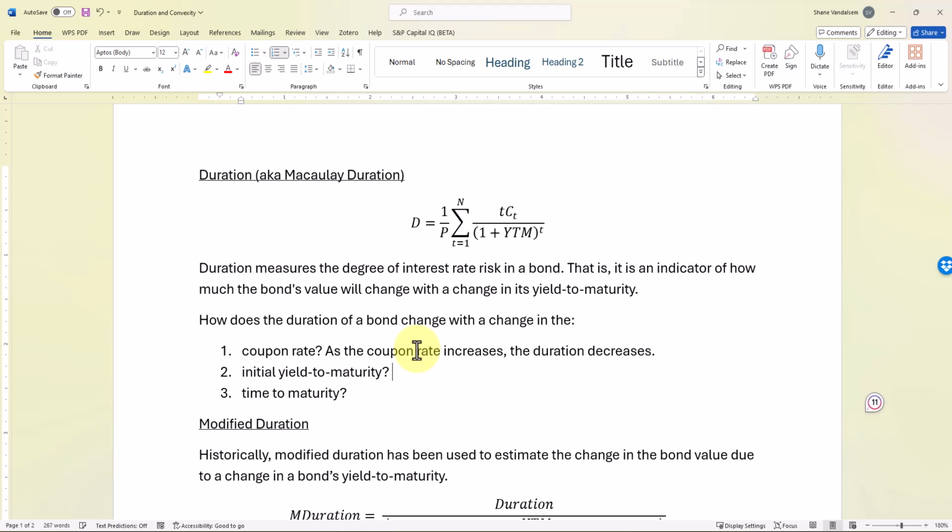The initial yield to maturity, holding all else equal, the lower the initial yield to maturity, the greater the change in the duration with a change in the yield to maturity.